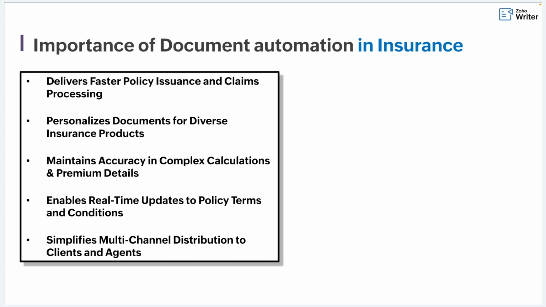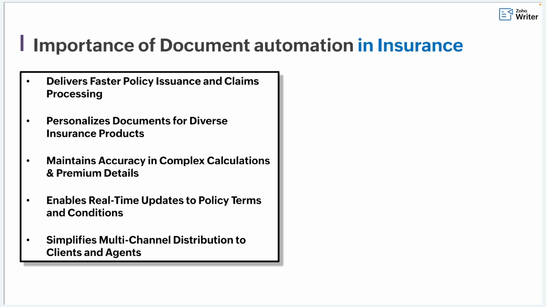And let's not forget the complex premium calculations. Automation ensures those numbers are spot on every time. If a policy's terms change, updates can be pushed instantly so everyone's working with the latest version. Plus, it becomes much easier to get these documents out to both your clients and agents across multiple channels without juggling between different systems.